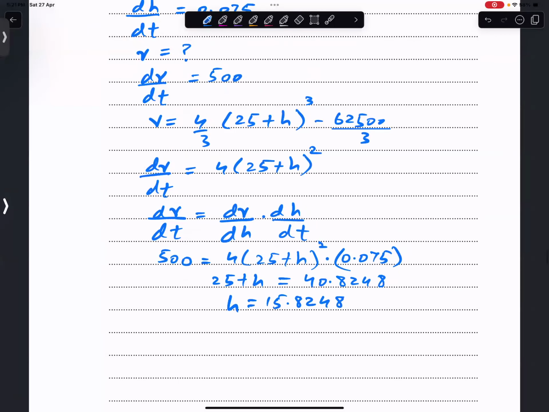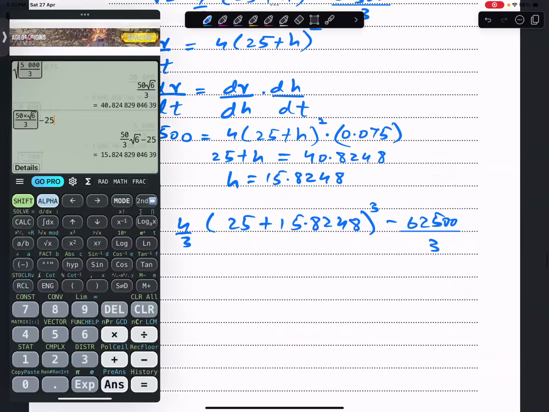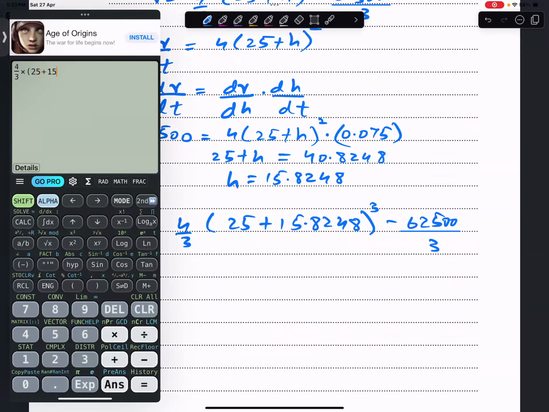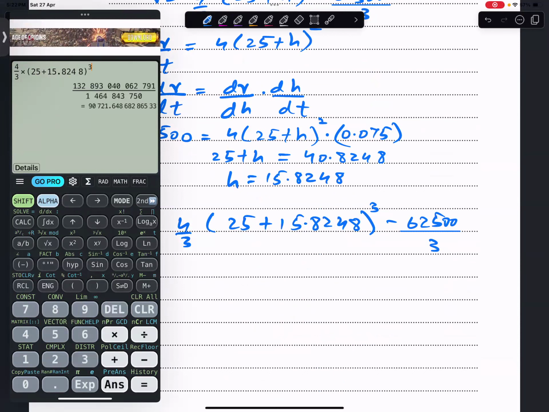Now you can put this value in 4 by 3 times (25 plus 15.8248) whole cube minus 62500 divided by 3.